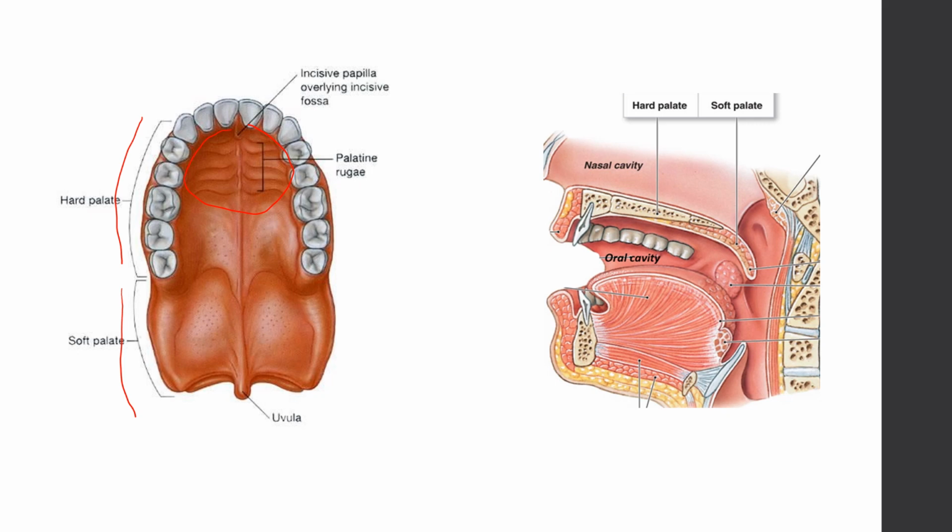This prevents the movement of the mucosa with the food. The posterior part of the hard palate, the mucosa is separated from the periosteum. There are many submucosal glands between these two layers. The hard palate is covered by keratinized stratified squamous epithelium.